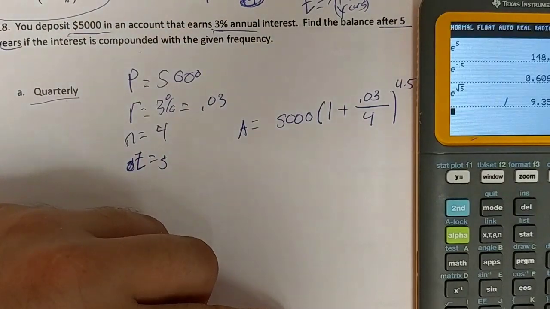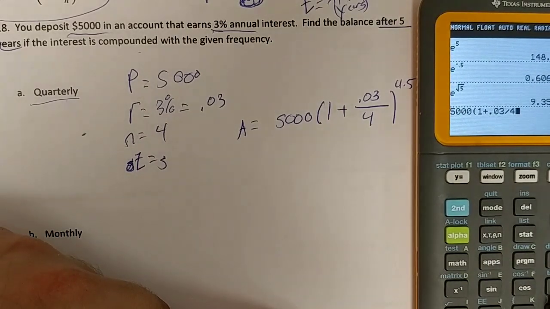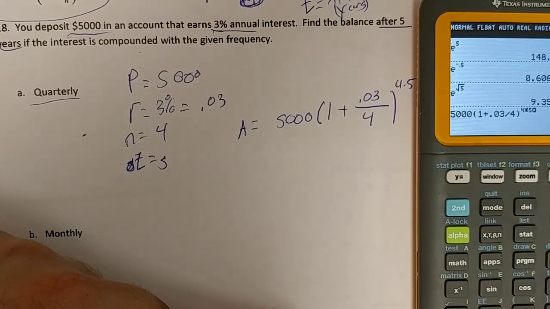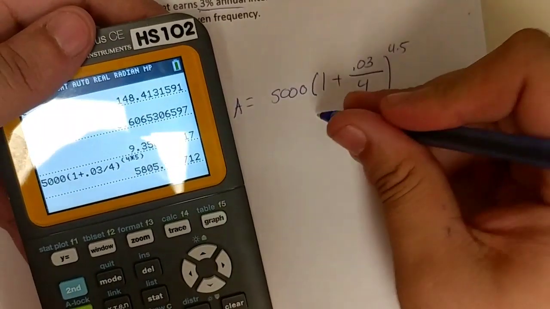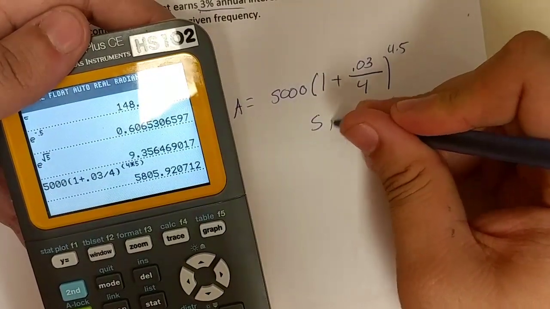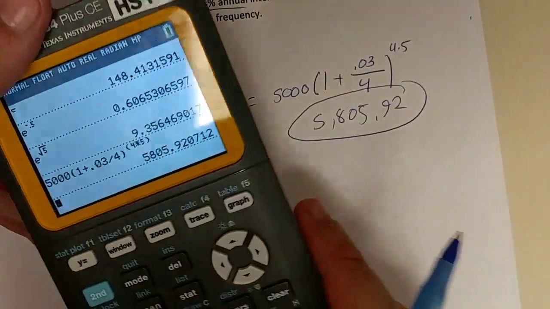So how would I type that in the calculator? 5,000 parentheses 1 plus 0.03 divided by 4, close parenthesis, to the power of 4 times 5. For most calculators, though, I would actually put 4 times 5 in parentheses. Enter. The money you would earn is 5,805.92. Because it's money, you stop at the cent.